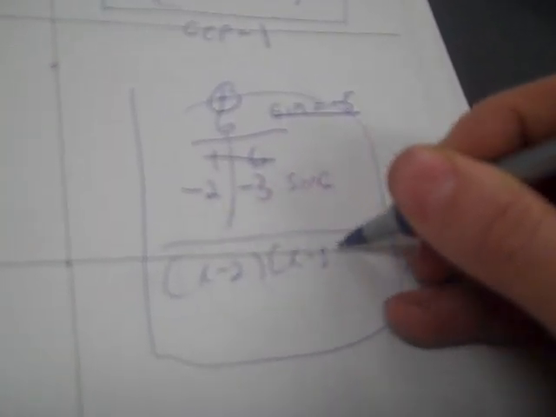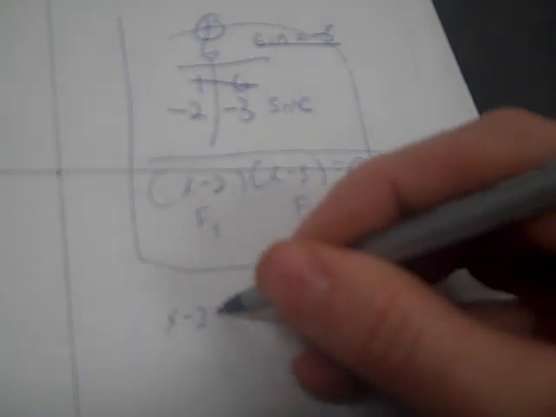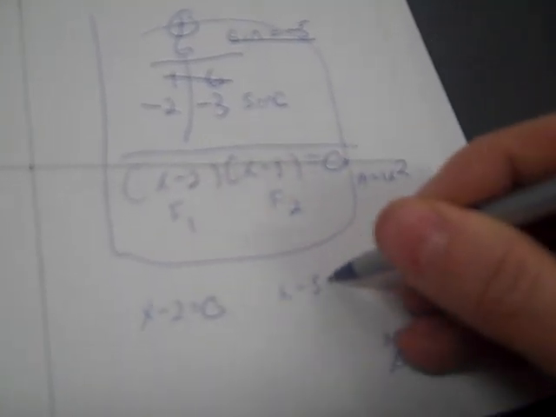Now my A is just a 1x to the second, so I just go x minus 2, x minus 3. And I got F1, F2. So x minus 2 equals 0, x minus 3 equals 0. So I add 2, add 3. So 2 and 3 are the 2 answers to the problem.